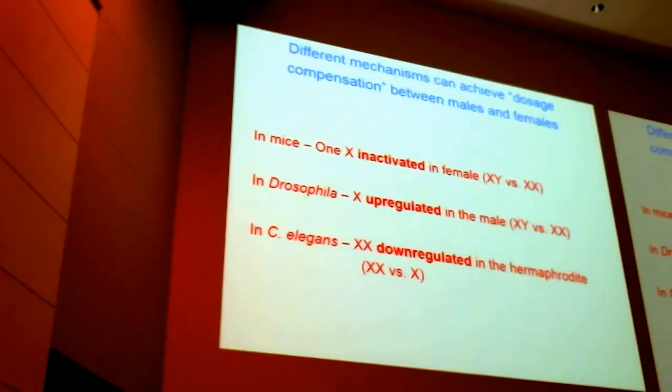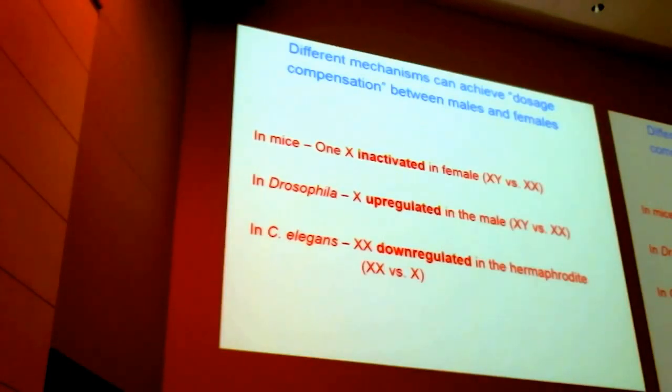Now this whole process of inactivating an entire chromosome is part of a more general mechanism for equalizing the dosage of X chromosomes between males and females. Males and females have different sex chromosome content, and it differs in different organisms.